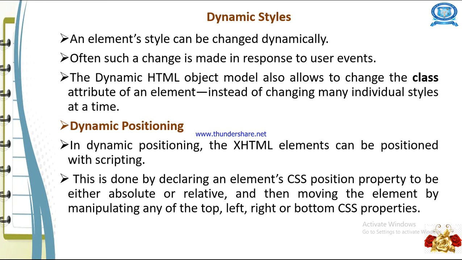This is done by declaring an element's CSS, cascading style sheet, position property to be either absolute or relative, and then moving the element by manipulating any of the top, left, right or bottom CSS properties. You use this dynamic positioning to move the elements. You have to manipulate any of the top, right, left or bottom properties.